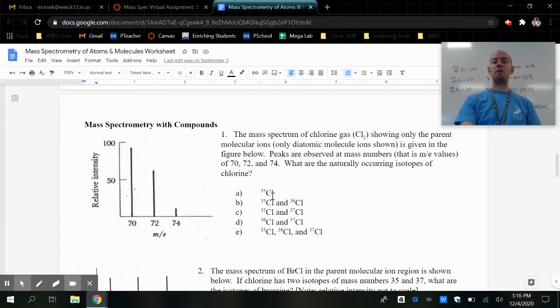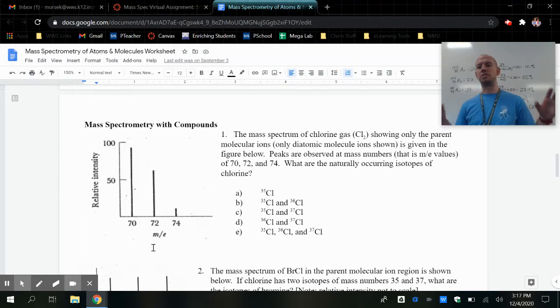As we think about that with 36 and 37 and the different combinations here, we can see how that connects with our graph. To get a peak of 70, we would have to have two atoms that together add up to 70. To get a 72, we need two atoms that add up to 72, and 74, obviously, two atoms adding to 74.